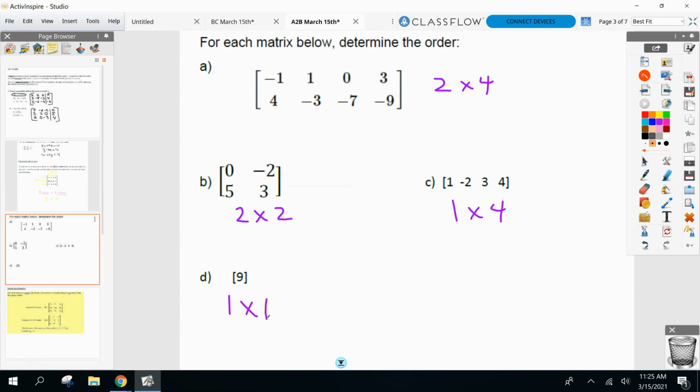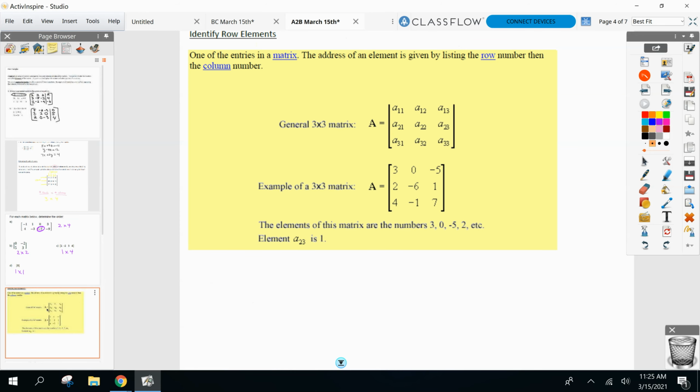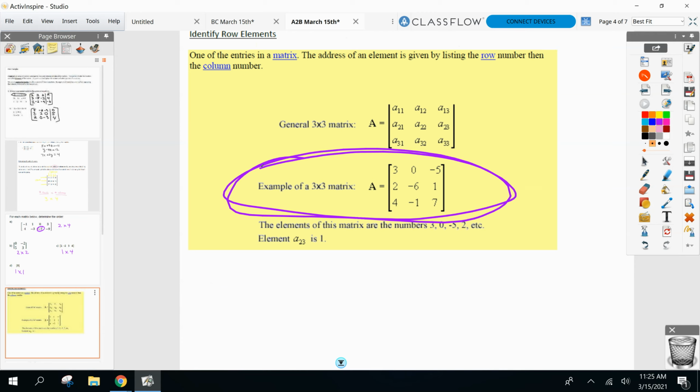Now the next thing I got to talk about is, if I say, hey, -7 in the first matrix in part A, how can you tell me where its position is? We name it the same way we do the order, row by column, row then column. For instance, in matrix A, which has 3, 0, -5, and so on, what's in spot 2, 3? The A is there because that's the name of the matrix.